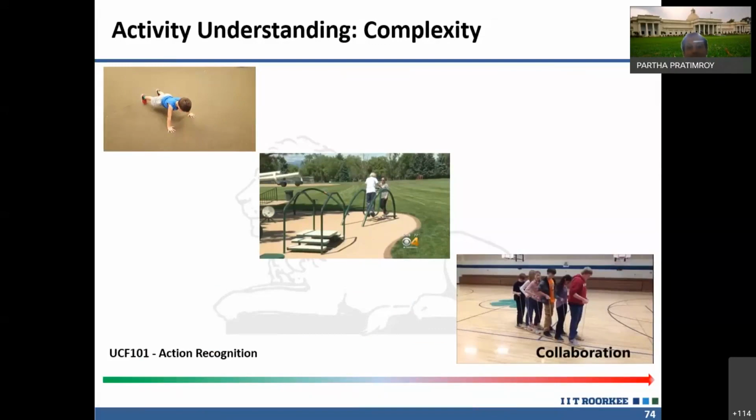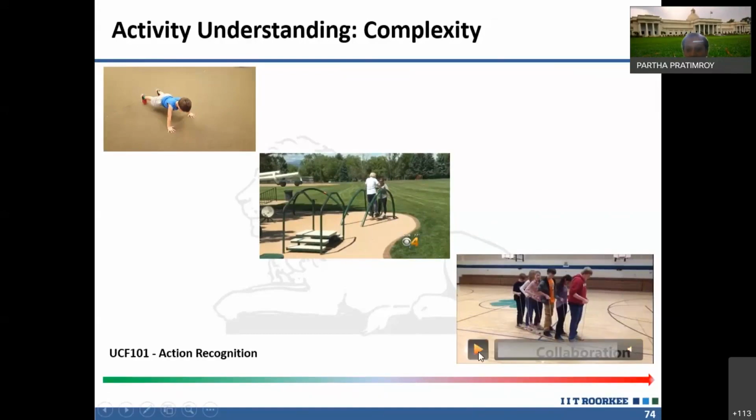Then only you will understand that she is doing some exercise. From these 2 persons, with a single frame, you will not be able to understand what they are doing. But if you make some frame analysis, of what is happening in every frame, then you can analyze all these activities.